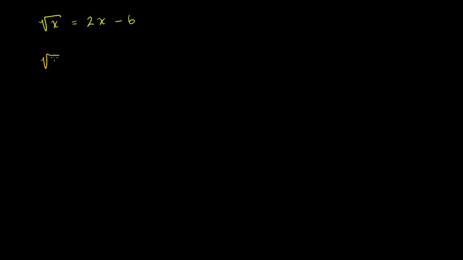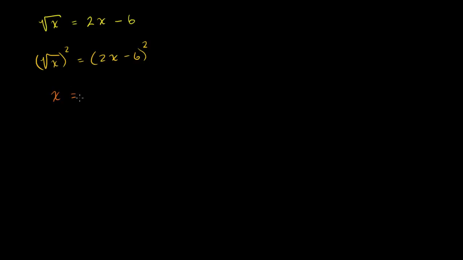So I'll just rewrite it again. We'll do this one slowly. I'm going to square that, and that's going to be equal to 2x minus 6 squared. And squaring seems like a valid operation. If that is equal to that, then that squared should also be equal to that squared. So we just keep on going. When you take the square root of x and you square it, that'll just be x.